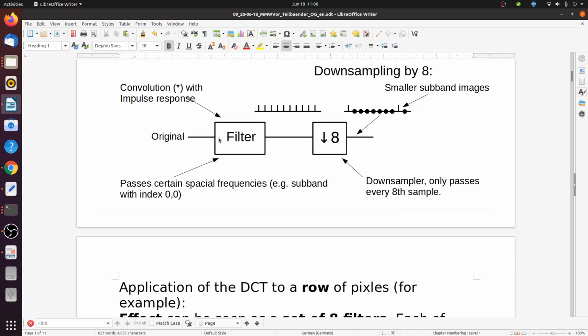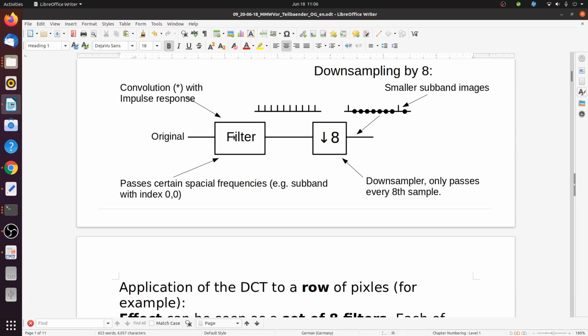Right, and then for each subband we have one of those filters, and as we know, filtering means convolution, so we convolve the input sequence or pixels with a filter impulse response. And this is slightly different than what we do for the DCT transform.